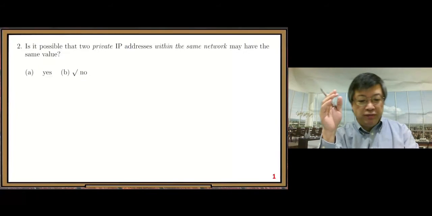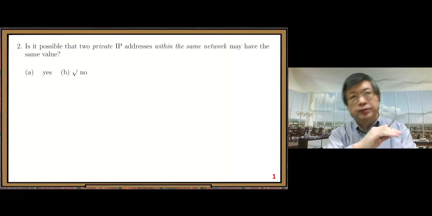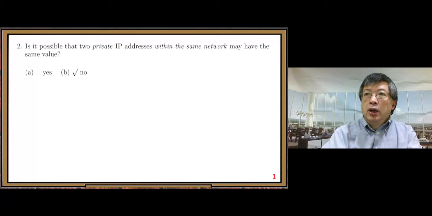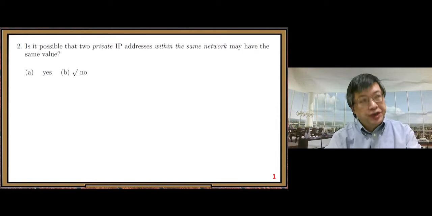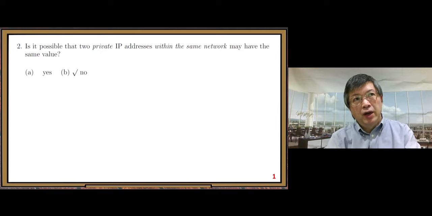The first question, question number 2. Because I lost my statistics, I mean, the problem is the software I used. One software, for some reason, did not save my writing on it.